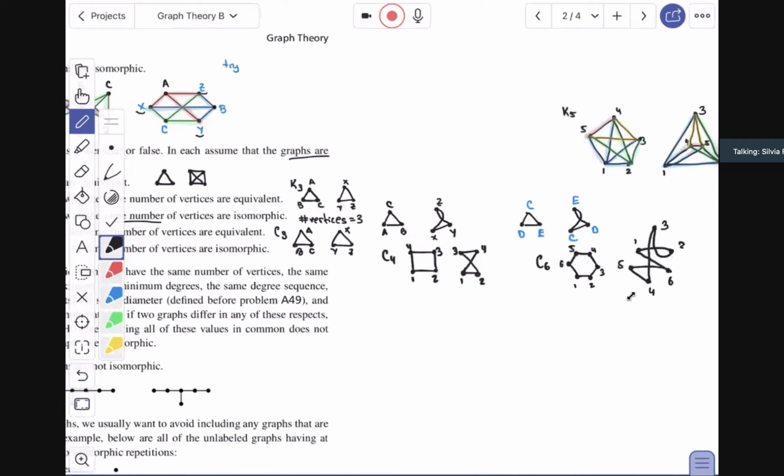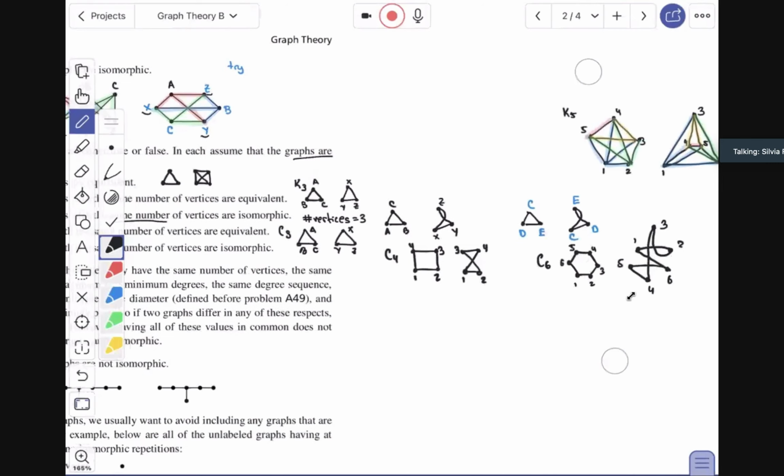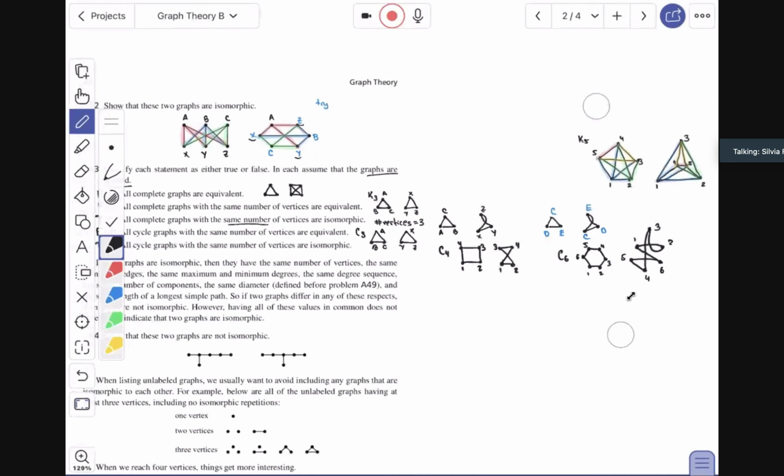Instead of saying the same graph, you really say that the two graphs are isomorphic, because for some of them it's pretty easy to see, but for others it's not.